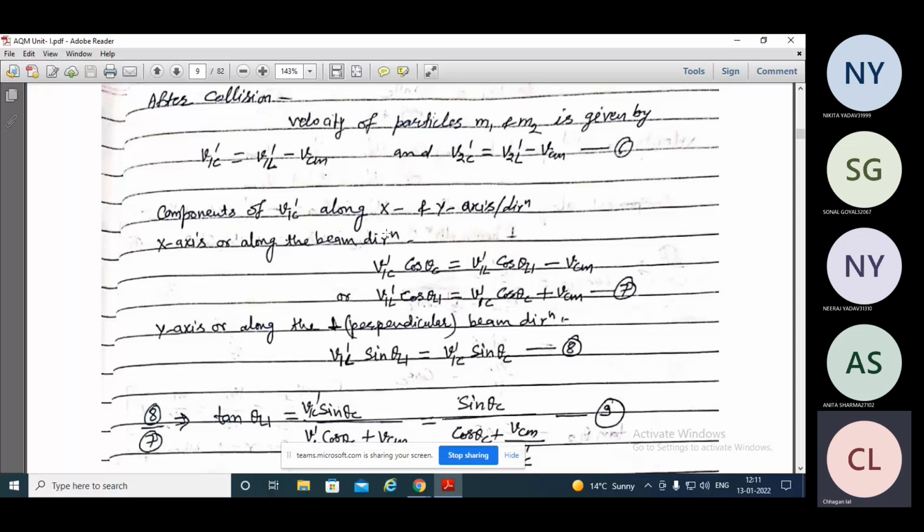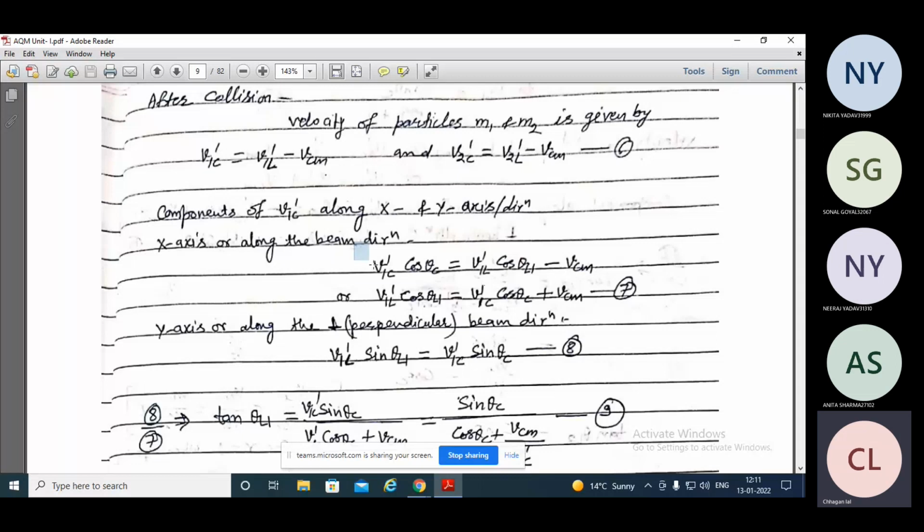So we have to write the components of the velocity along the x-axis and y-axis. Along the x-axis, that is along the beam direction, V1C prime cos theta C equals V1L prime cos theta L1 minus VCM.